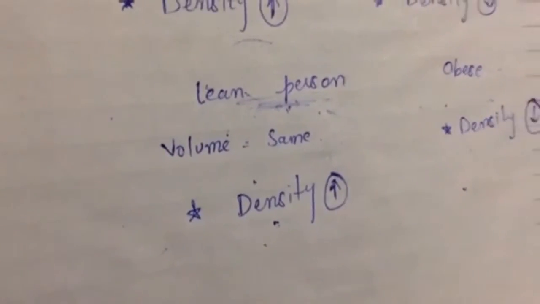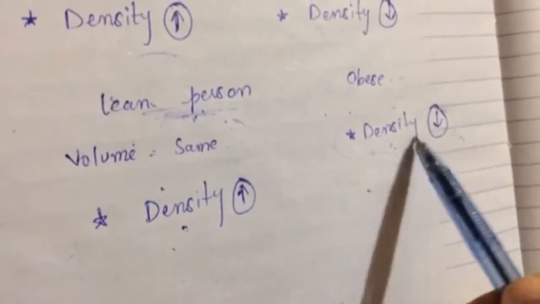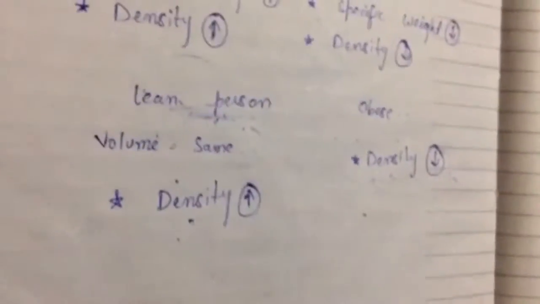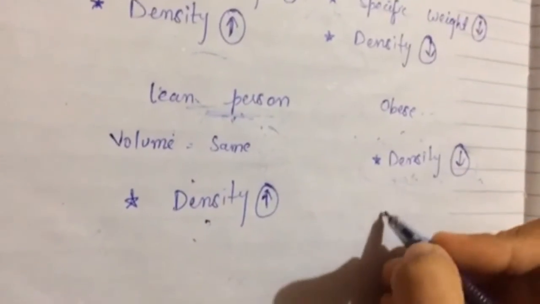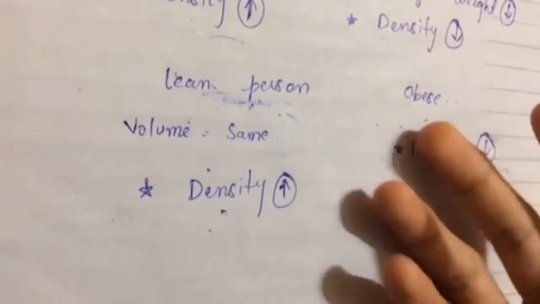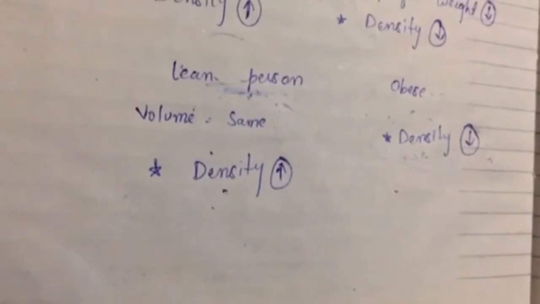The volumes are the same, but because of the density they have a different appearance. The obese person has less density because fat is soft, so it is not in a tightly packed space, and density decreases, while in the lean person the density increases.